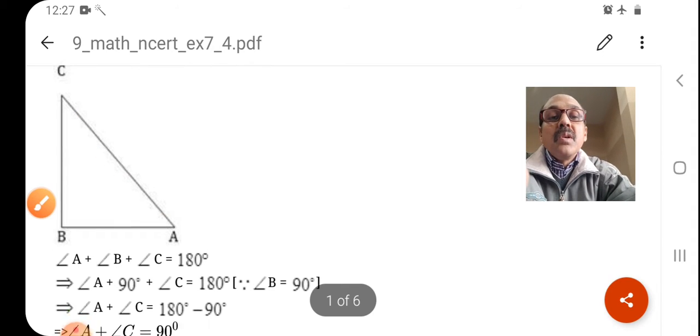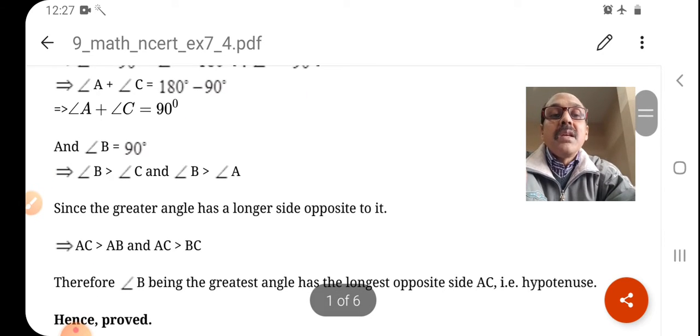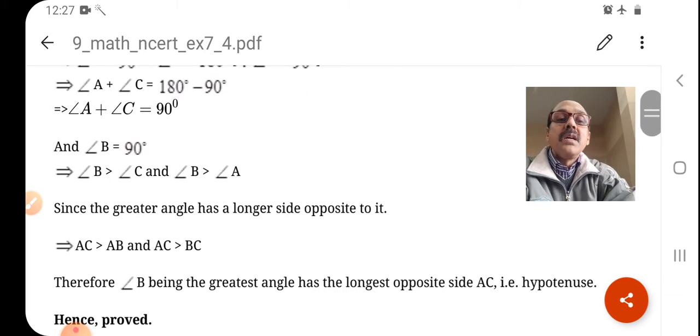So AC is greater than AB and AC is greater than BC. Compared to the other two sides, AB and BC, AC is the longer side.